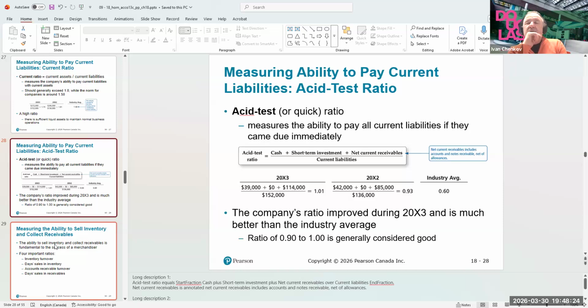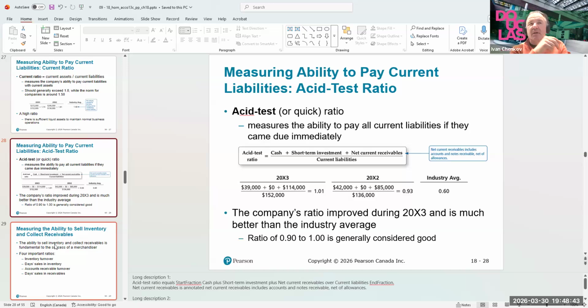Means we're going to put the cash, the short-term investment, and the current accounts receivable. And that's all. Inventory is not part of this ratio. Prepaid expenses are not part of this ratio.